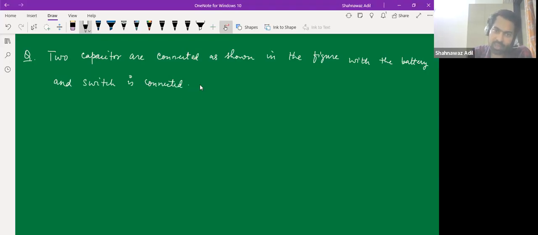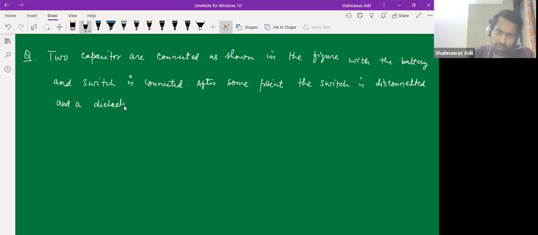Then after some point, the switch is disconnected and a dielectric medium is inserted, and the dielectric constant is K, inserted between the plates.